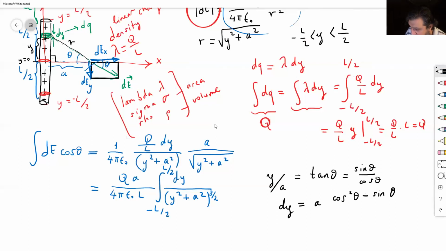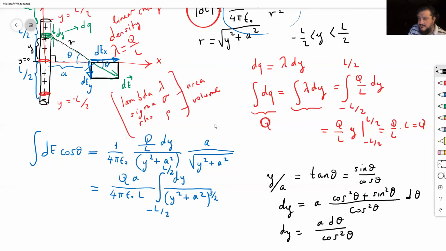So I make this plus sine squared theta, and divide by the square of the denominator, cosine squared theta, d theta, right? And the numerator is equal to 1, right? So dy would be equal to a d theta over cosine squared theta.